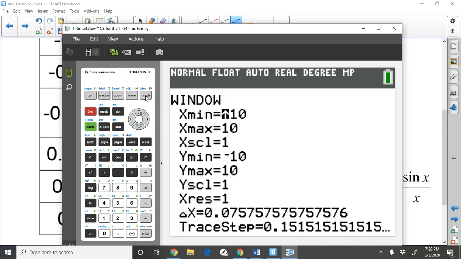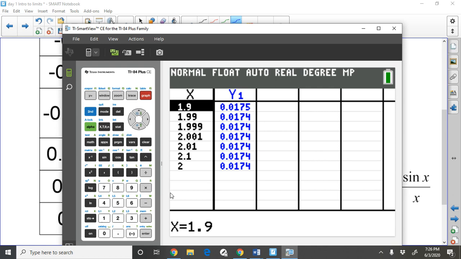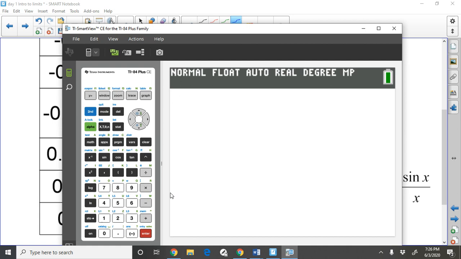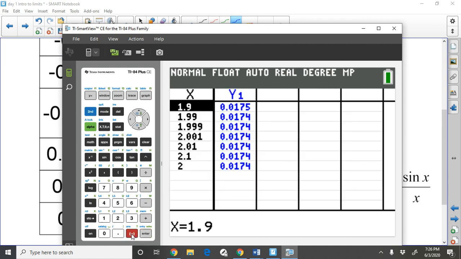And I'm going to go to the table, and I'm going to put in negative 0.1, negative 0.01, negative 0.001, and then 0.001, 0.01, and 0.1, and 1.